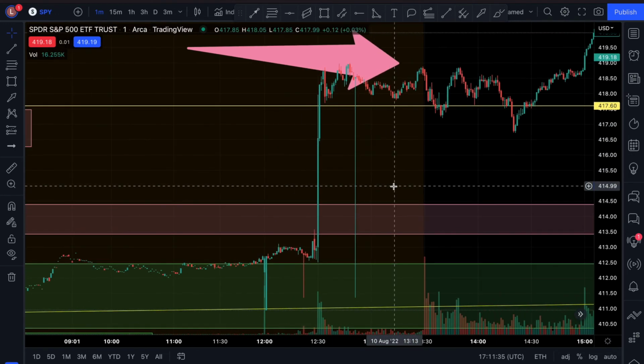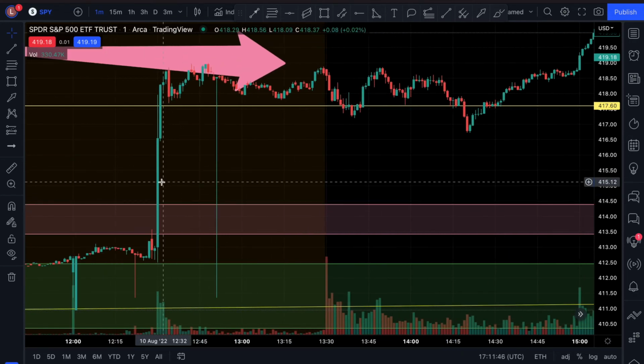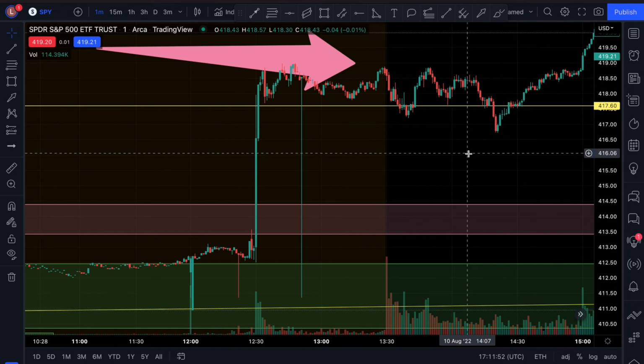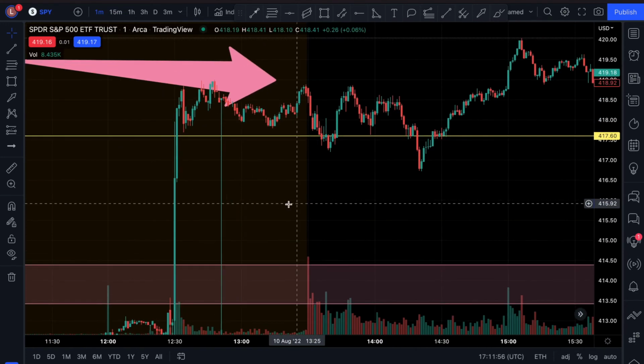I don't know if you've ever experienced this, but when you try buying on a breakout, or when price is increasing on large candlesticks, you try to put a buy order here, and there's a really low chance of your order getting filled. So it's most likely not going to get filled.